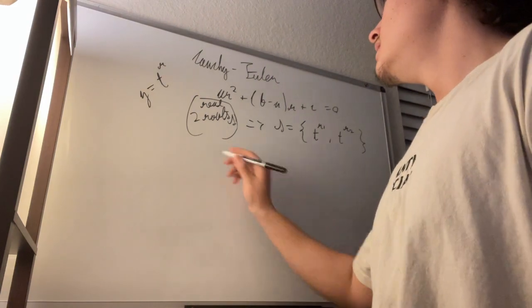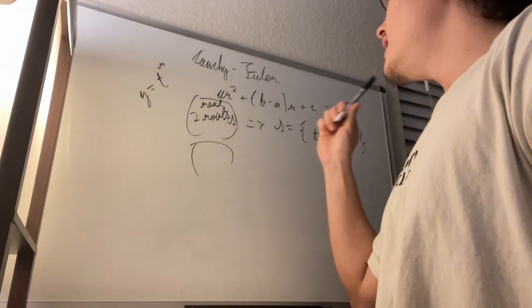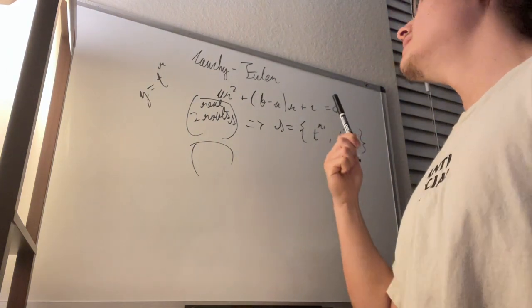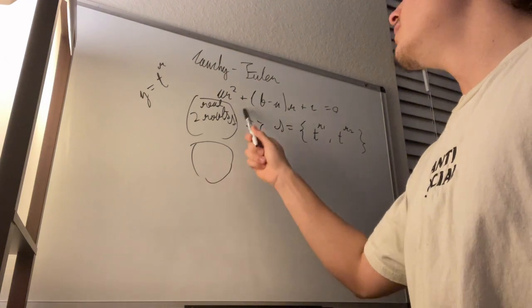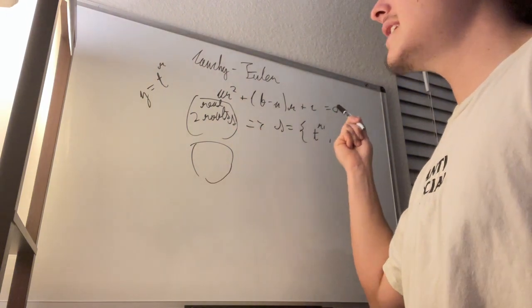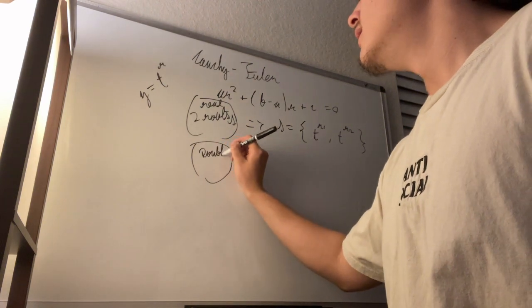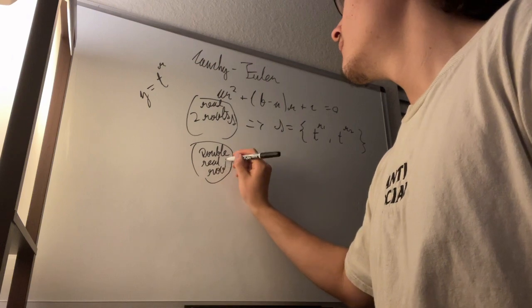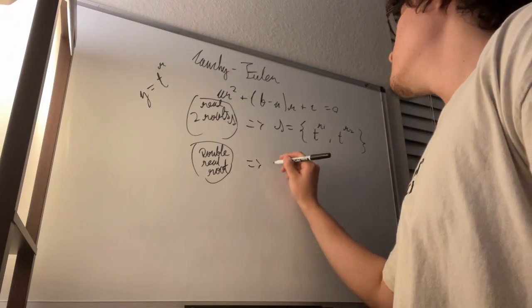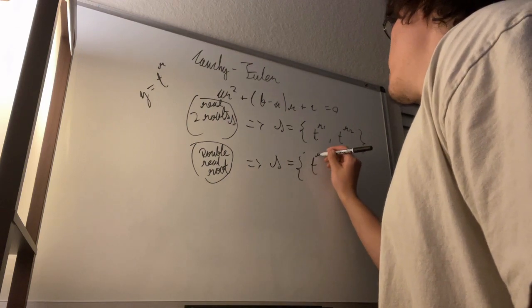Now, if the associated auxiliary equation has a double root, meaning that the graph of this touches the x-axis once, double real roots, we get that the solution set is equivalent to t to the power of r.